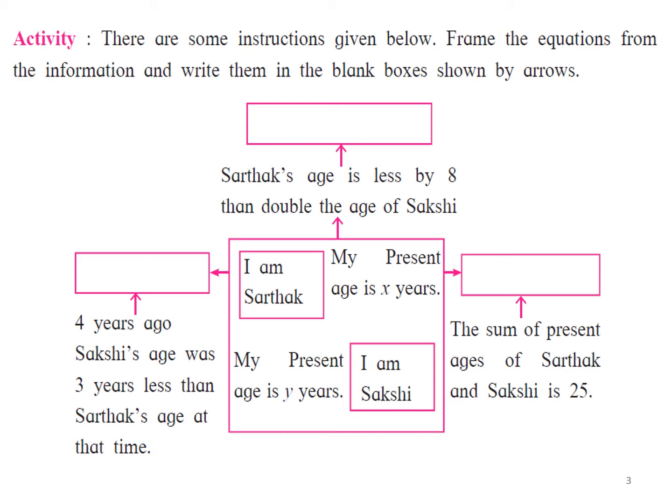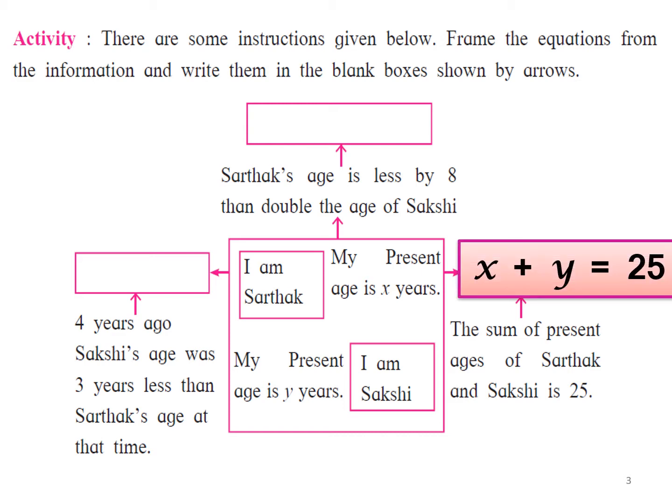It is written inside the square box that the present age of Sarthak is X years and of Sakshi is Y years. Therefore, on the right hand side, my first equation will be X plus Y is equal to 25.